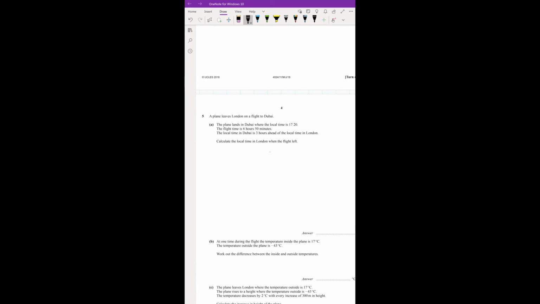So the first information that we have is that the plane landed in Dubai at 17 hours 20 minutes, 1720 hours.